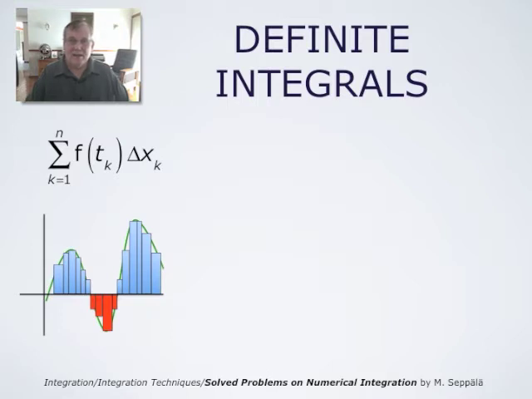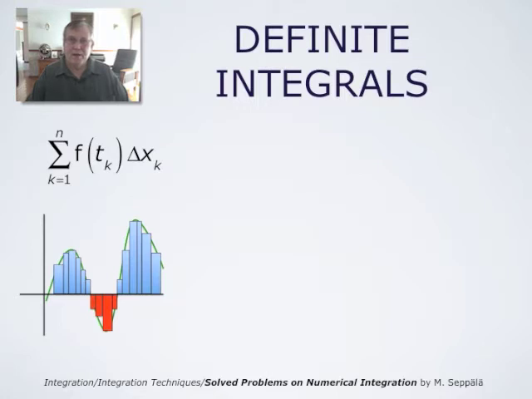These rectangles are formed so that in each subinterval one chooses a tag point tk, and the height of the rectangle is the value of the function f at this tag point. If the value is negative, then the area of the corresponding rectangle is computed as negative in the Riemann sum.